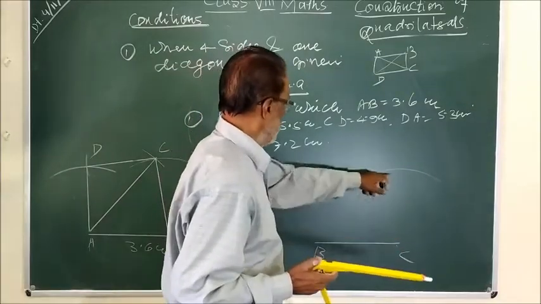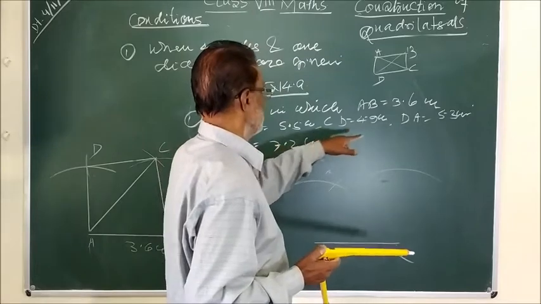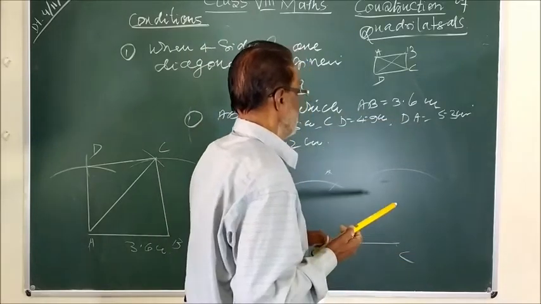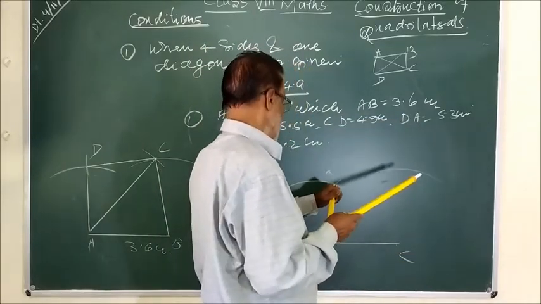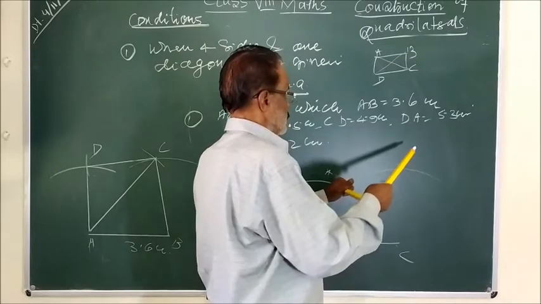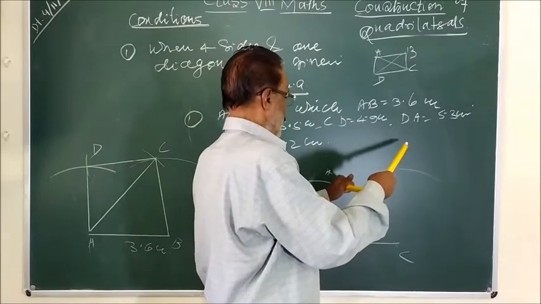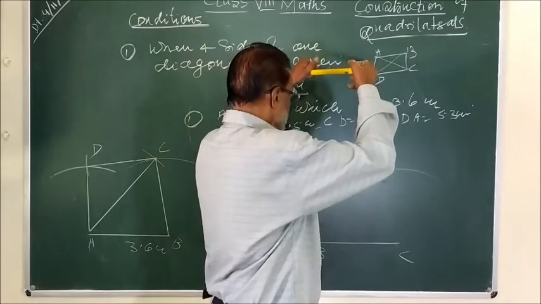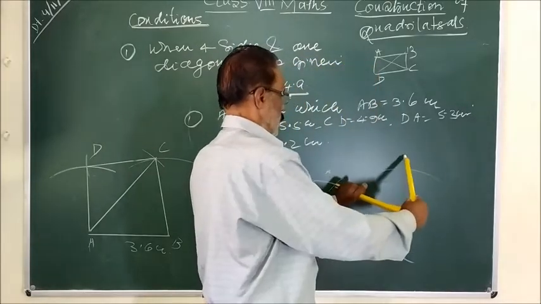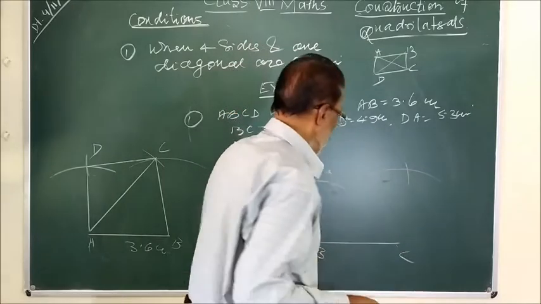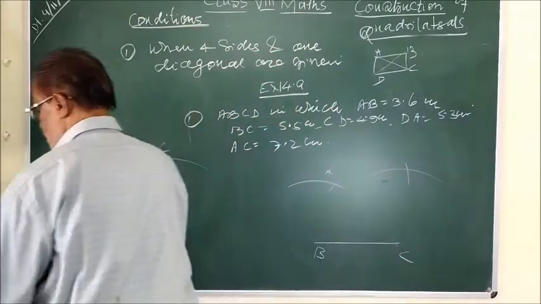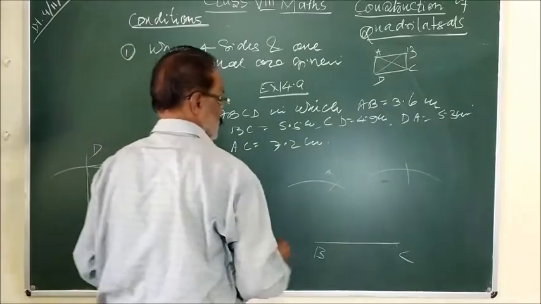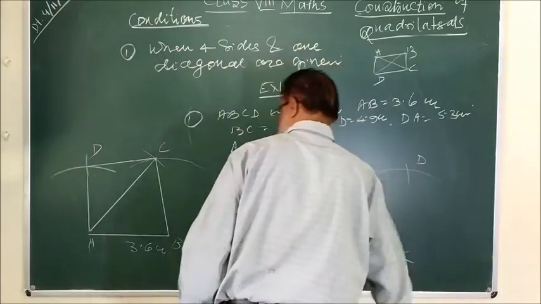AD means DA, how much is given? Because we have got the point A, we will find the point D, 5.3. Measure 5.3 on the scale, and from A draw an arc. This arc will cut the previous arc at point D.